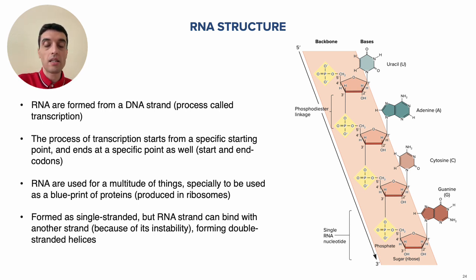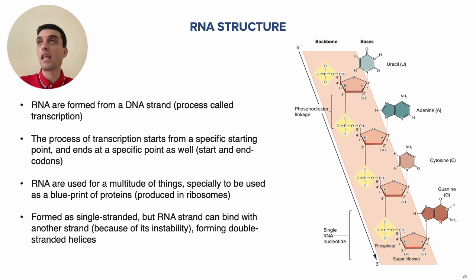And while DNA forms a double-stranded helix, RNA can be by itself, and it can twist and form a double helix within itself. It can get another RNA that's been produced that's similar, and they can bond together to stabilize their molecule.